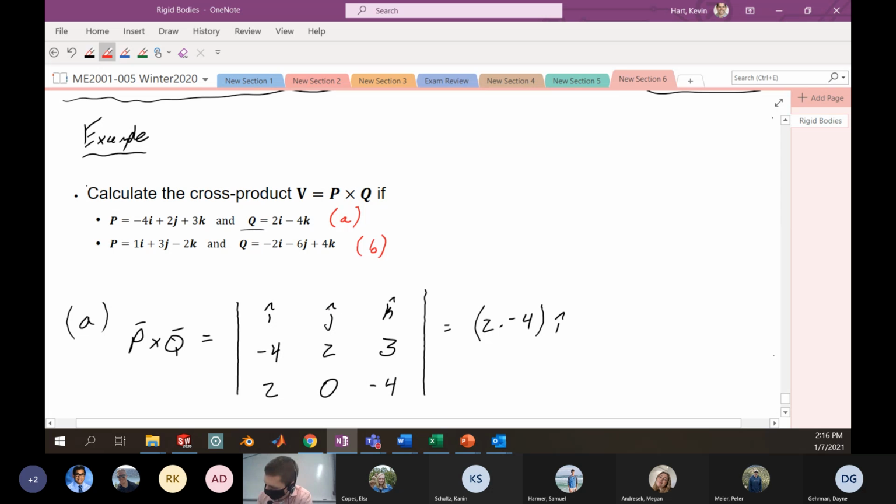Okay, keep going with my next term, which is 3 times 2 in j hat. And finally, I have negative 4 times 0 in k hat, which is just going to be plus 0. I guess I can write it here for completeness.